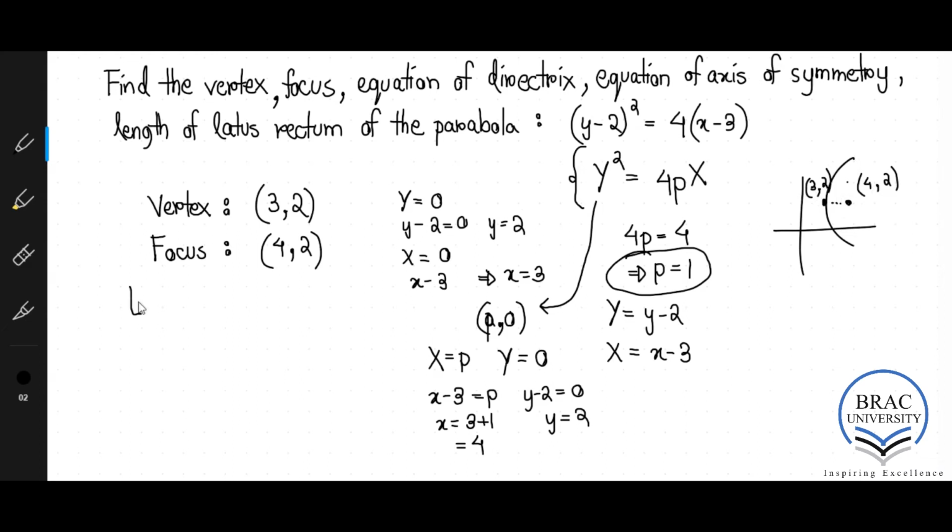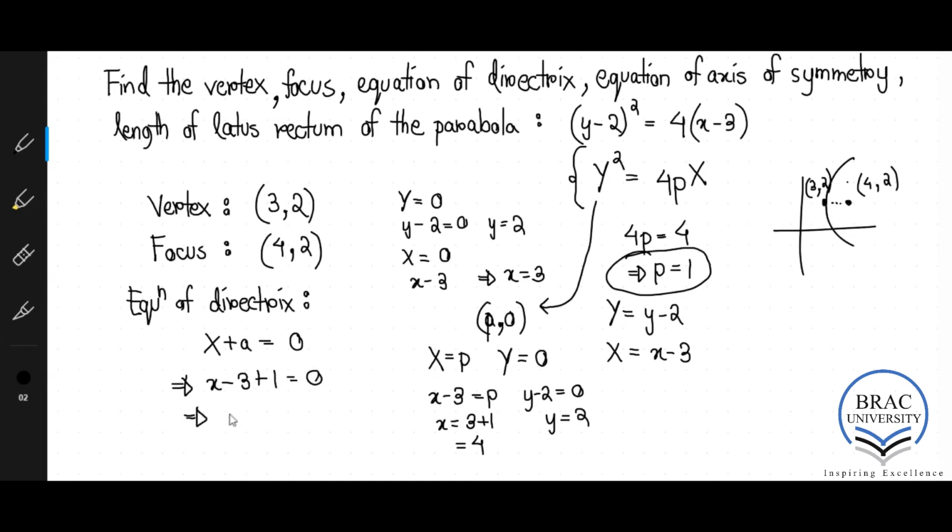The equation of directrix, I'll go ahead and compare that again. It should have the form X plus p is equal to 0. And in our case, we have x minus 3 plus 1 is equal to 0.